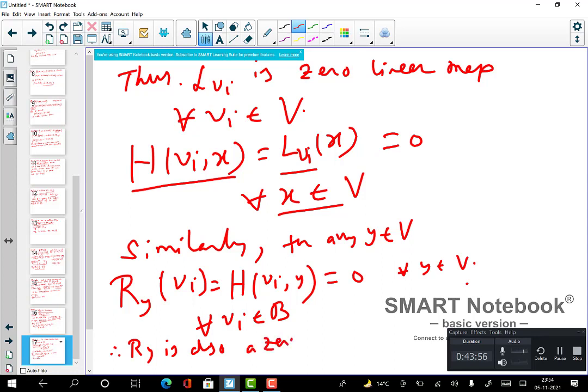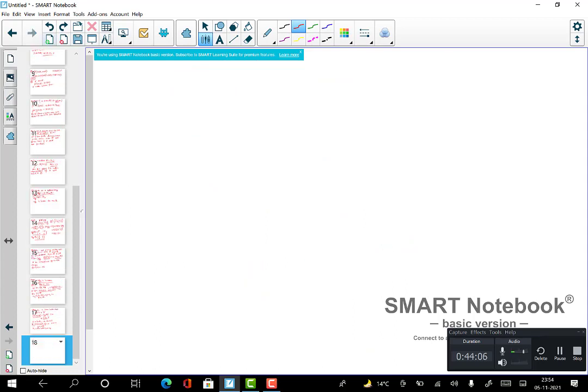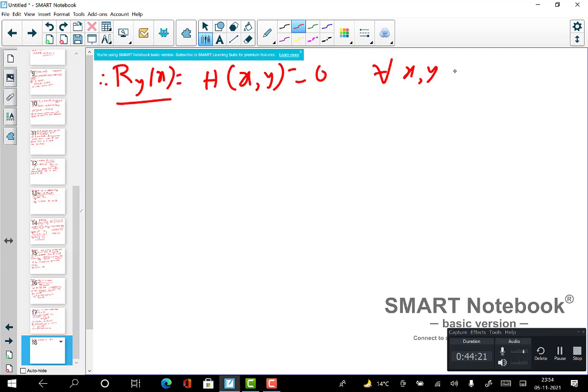Done. Both maps are 0 linear maps. Now what does that mean? That means R_Y of X, which is H of X, Y, has to be 0 because it is a 0 linear map, for all X, Y belonging to V. So this is what we want to prove.